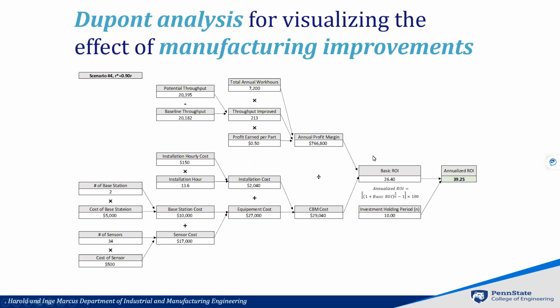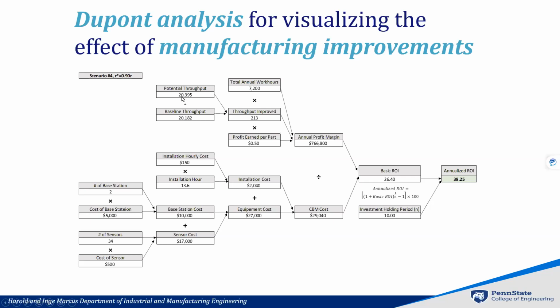So here's an example of an analysis that we do with the Dupont model. So we can look at what is the current throughput or the baseline throughput, what is the potential throughput. Clearly, throughput can be expected to improve when you have condition-based maintenance because now you have shorter or lesser unplanned maintenance. So this is where the engineering models plays a crucial role.